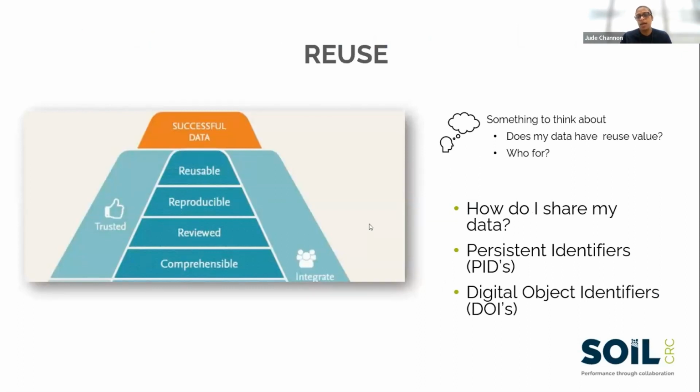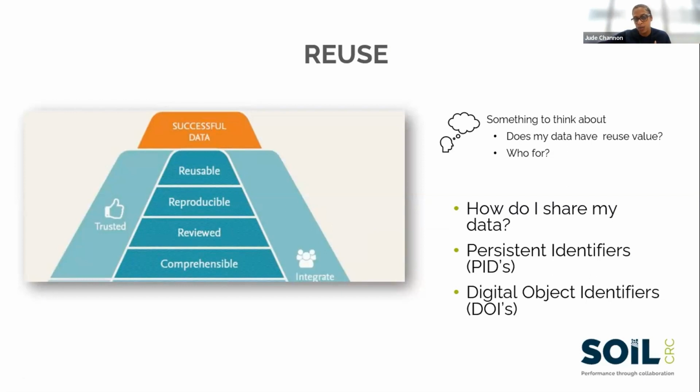Another thing to think about is, how am I going to share my data? Whether that's internally, some systems, like some university systems I've had difficulty with, allow me to share internally if I give the right permissions, but don't allow me to share externally.